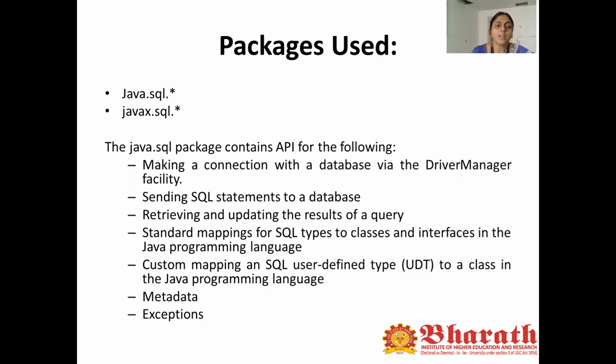Retrieving and updating the results of a query using the result set object. Standard mappings for SQL types to classes and interfaces in the Java programming language, so we map the SQL type to the classes. And custom mapping of an SQL user-defined type to a class in the Java programming language. This java.sql package also has the metadata and the exceptions.